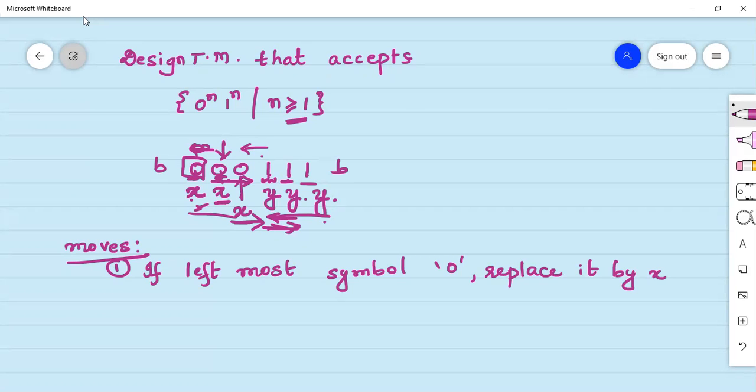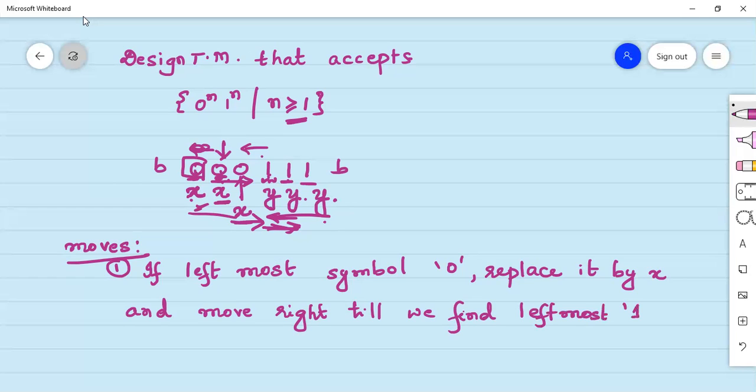After you replace it by x, move right till we find the leftmost 1, correct? And what will you do for this 1?